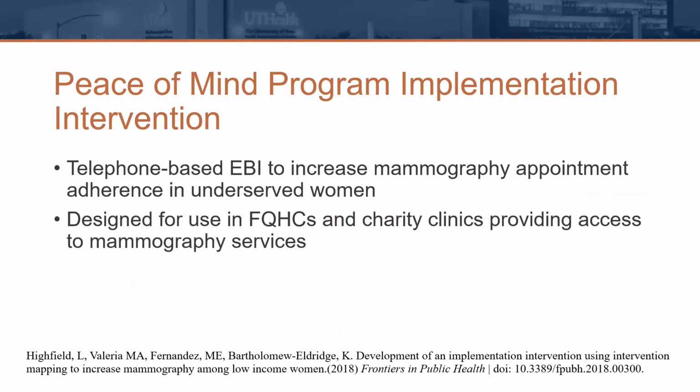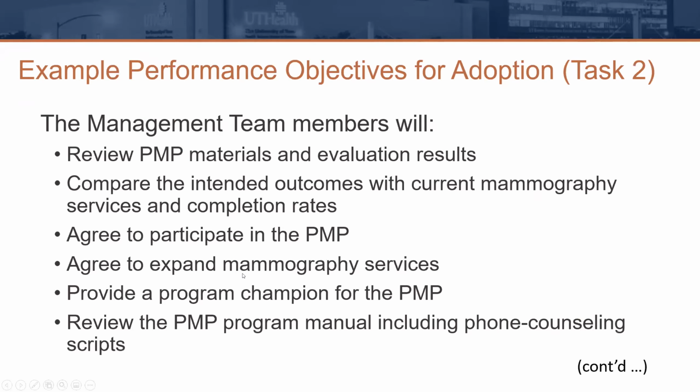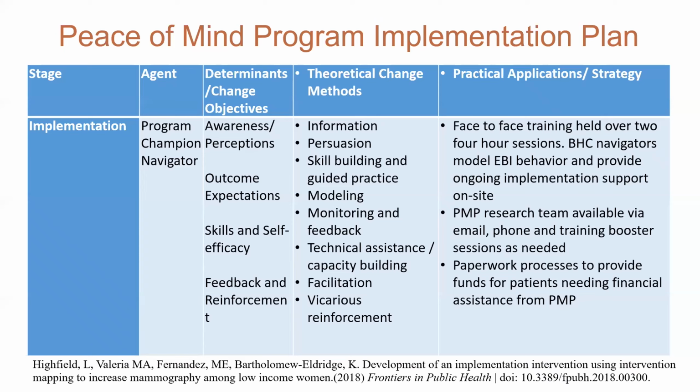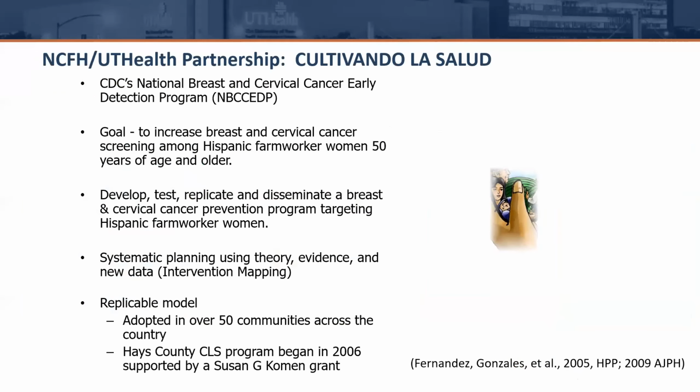And so this example walks through each of the tasks of implementation mapping and provides some examples of how you have incorporated theories and frameworks and then come up with practical applications and strategies to influence change.